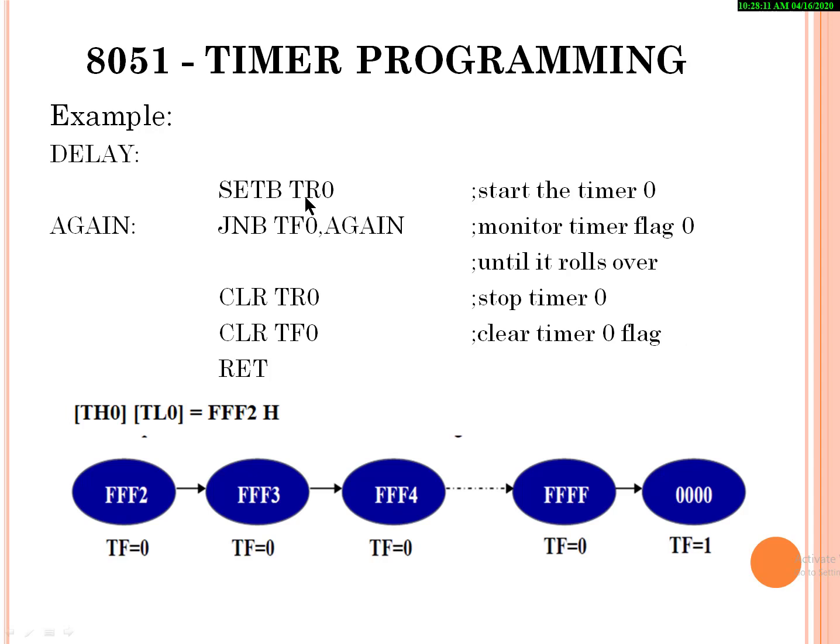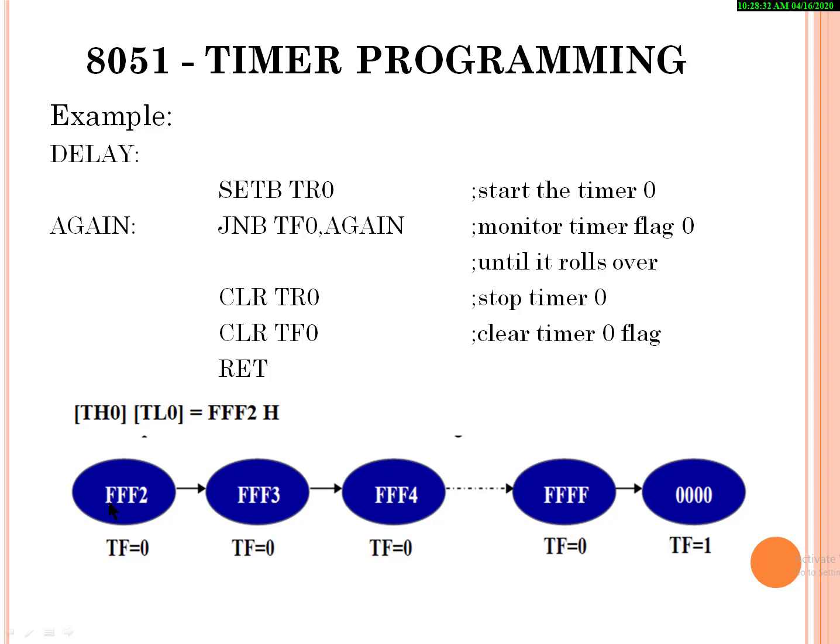First we are using timer 0. We are going to switch on timer 0 with the help of the SETB TR0 instruction. Next we continuously monitor TF0 with the help of the JNB instruction.